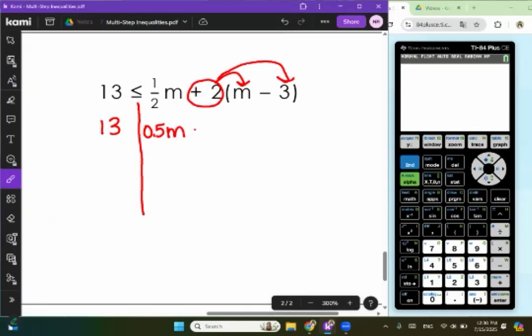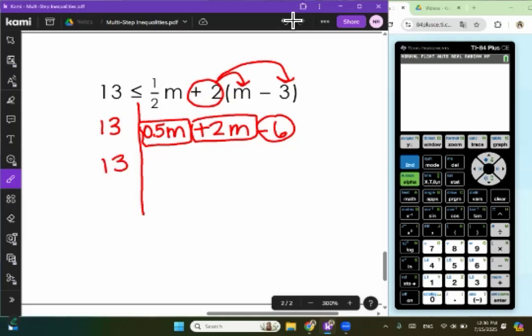Okay, 2 times m, 2m, 2 times negative 3, negative 6. 3 is still too many. If it's more than 2, it's too many. So we box and we circle. 2 plus 0.5, 2.5m. Bring down the minus 6. The opposite of minus is plus. 13 plus 6, 19.